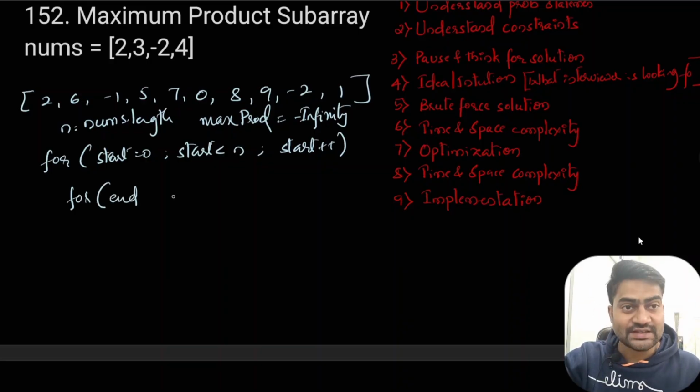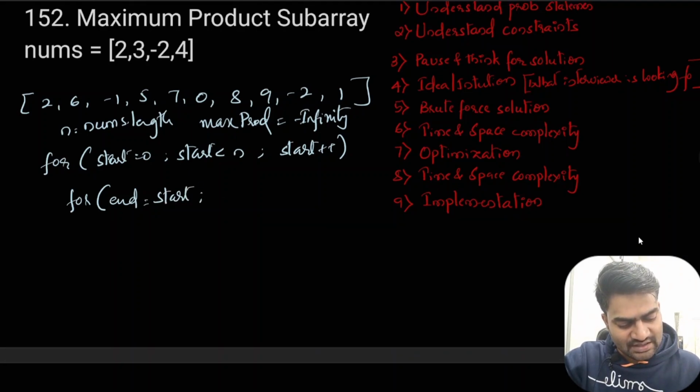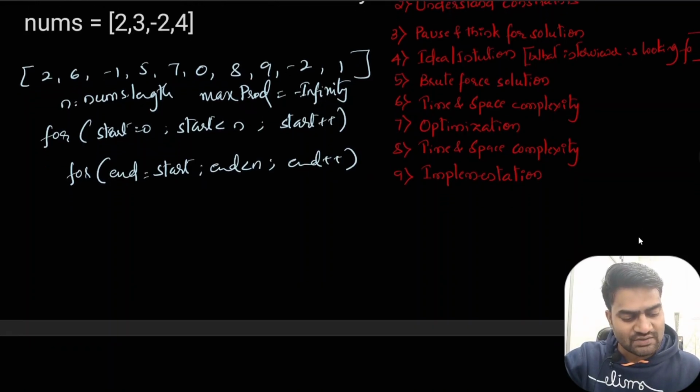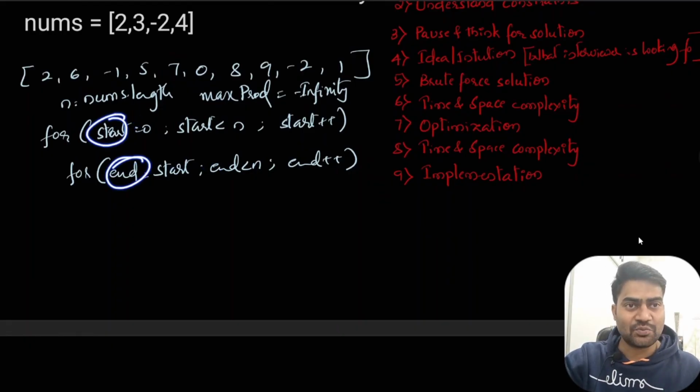Now this is our end pointer. Our end pointer always starts from our start pointer, wherever the start pointer starts. Then end less than n, end plus plus. Whatever is there between our start and end pointer, those two pointers basically define our subarray.